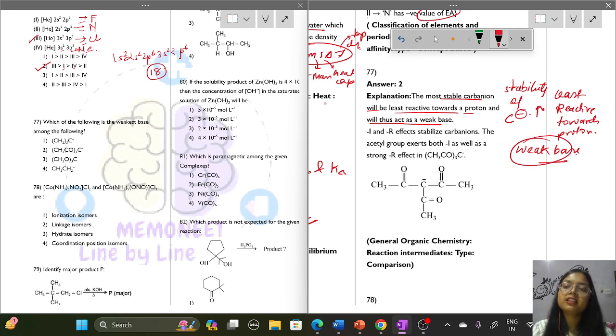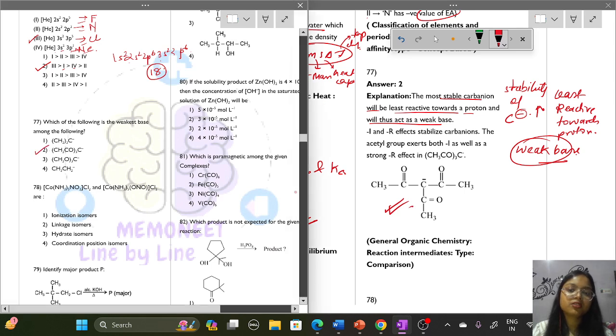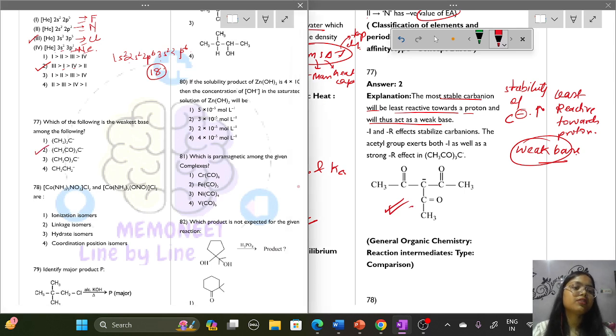So for a weak base, you have to find out which is the most stable carbanion. The most stable carbanion in this case is option number 2, and it is also the weakest base.